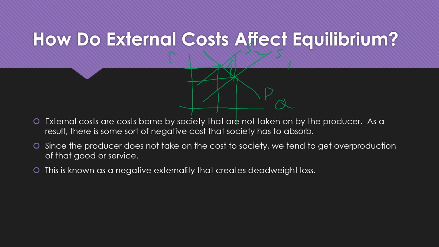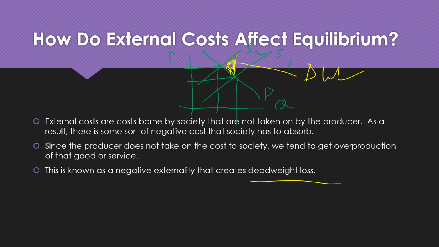And so by being in a situation where we're overproducing, this triangle right here is now going to represent our deadweight loss. So when we have overproduction of a good or service, this deadweight loss is instead of saying it's a loss in economic surplus, you can still look at it from that perspective.